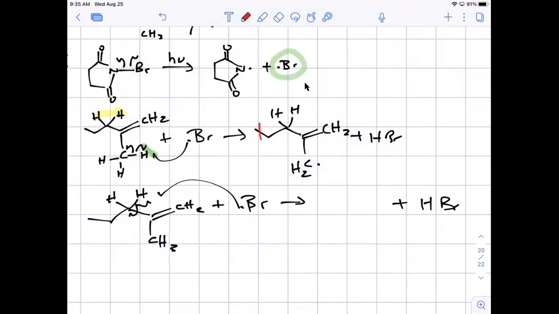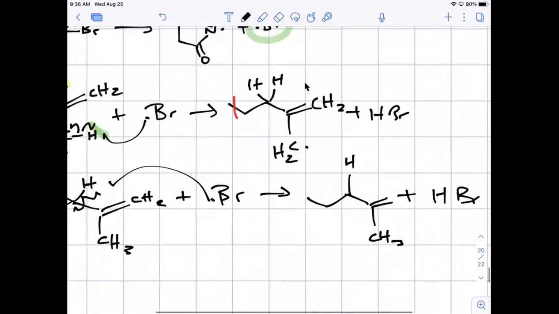I'm not drawing out the whole chain. That's that. Still have a hydrogen here with one electron. Everybody okay with that? Yes.